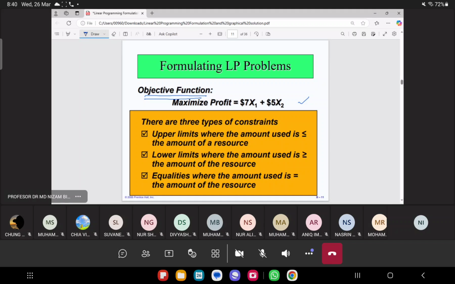Basically, there are three types of constraint that can be defined. It can be an upper limit, where the amount used is less than or equal to; a lower limit, where the amount used is greater than or equal to; and equalities, where the amount used equals the amount of resources.